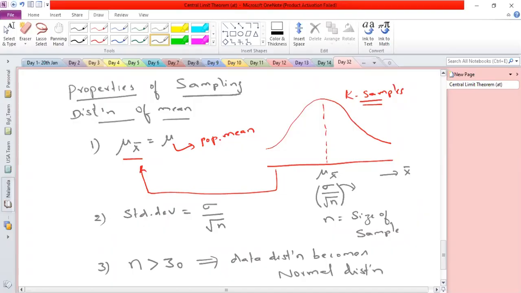Now guys, is that clear to you right now? These three conditions: mu of x bar is equal to mu, the standard deviation is equal to sigma by square root of n, and if n is greater than 30, then the data distribution becomes a normal distribution.